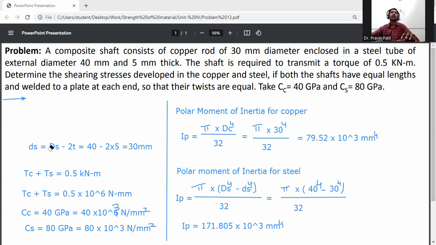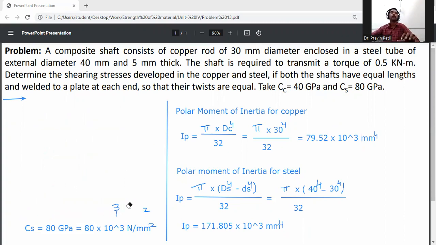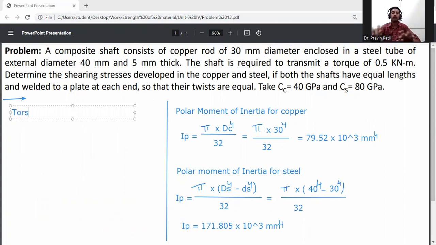Torsion equation. Write down the torsion equation in terms of angle of twist, that is theta.